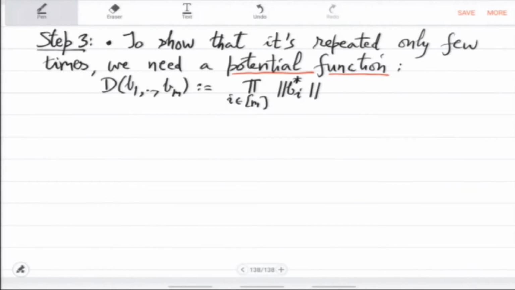So when you swap, for this to be reducing significantly, let us give bi star and bi plus 1 star different weights. So for that we put an exponent here. Okay, so bi star will get a larger exponent than bi plus 1 star. So when you swap, this value will actually fall by how much? So we will now calculate that.